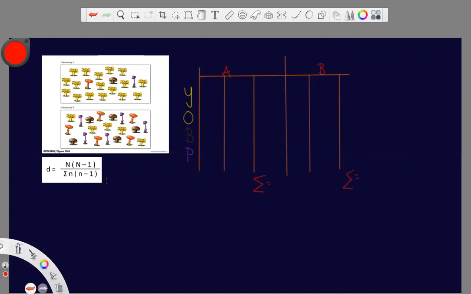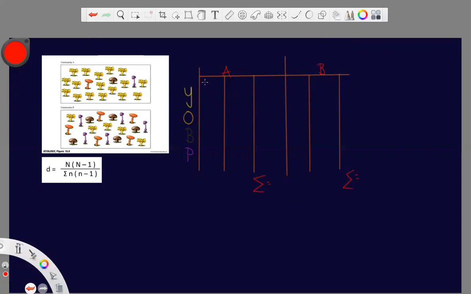So let's look at community A. Community A has the 4 species here: yellow, orange, brown, and purple. We're just going to count up how many of each species there are. Let's look at the yellow in community A. If we count all of these up, 1, 2, 3, 4, 5, 6, 7, 8, 9, 10, you will find that there are 17 of them.